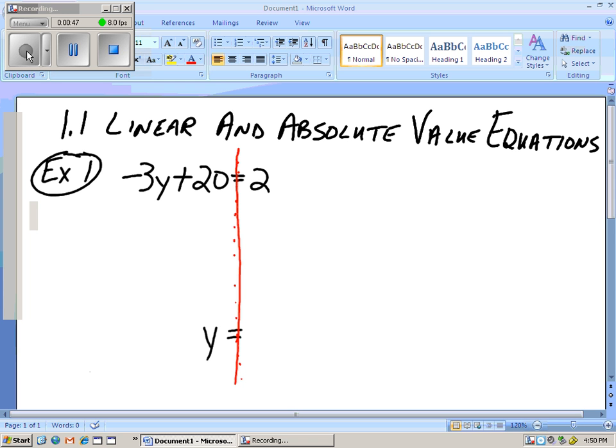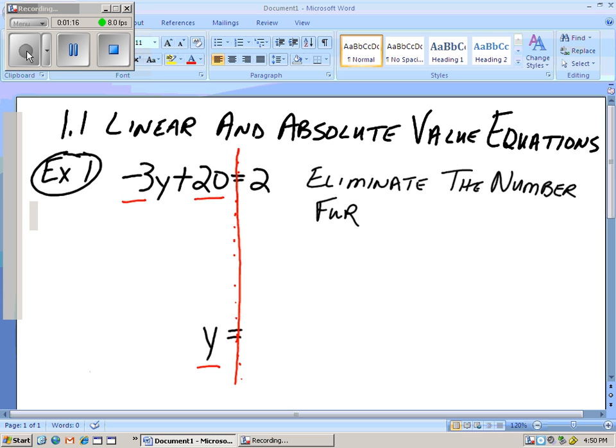So the whole idea here is to get this y all by itself. How do we do that? We have to eliminate some numbers: this 20 and this negative 3. Which one do we eliminate first? A good rule of thumb is to eliminate the number furthest from the x, or in this case, y.